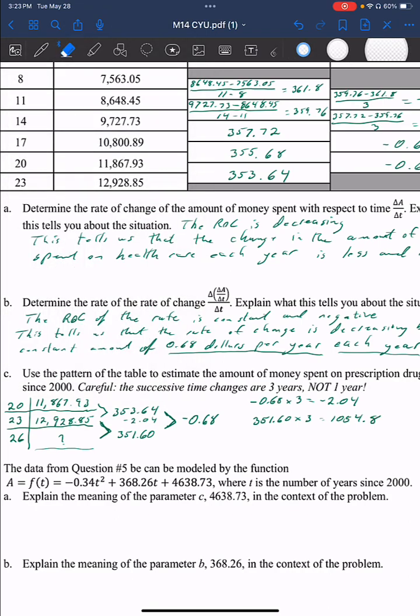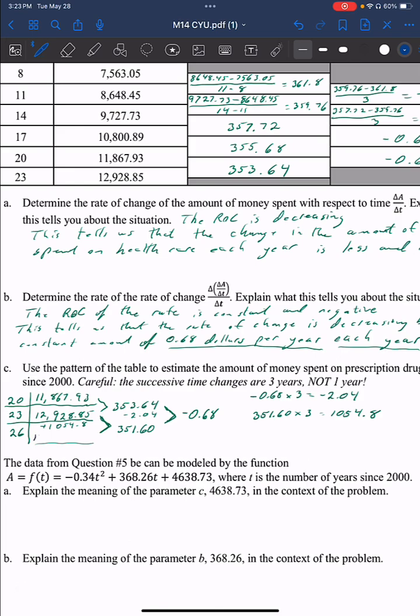So now I know that I would have to add 1,054.8 to the 12,928.85. And when I do that, I'm going to change pen color just so it can be clear.